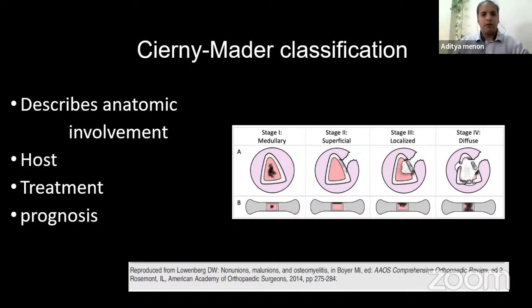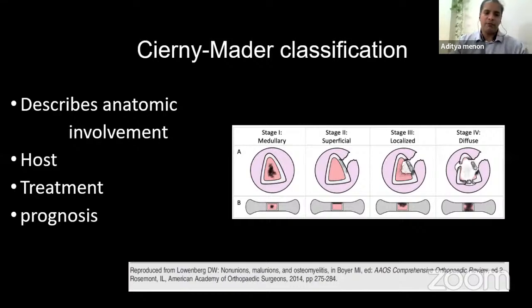What it essentially describes, and what the original authors described, was the anatomical involvement and the kind of host. Now, from any classification, what we would want to know as surgeons is how would we clinically use that classification.